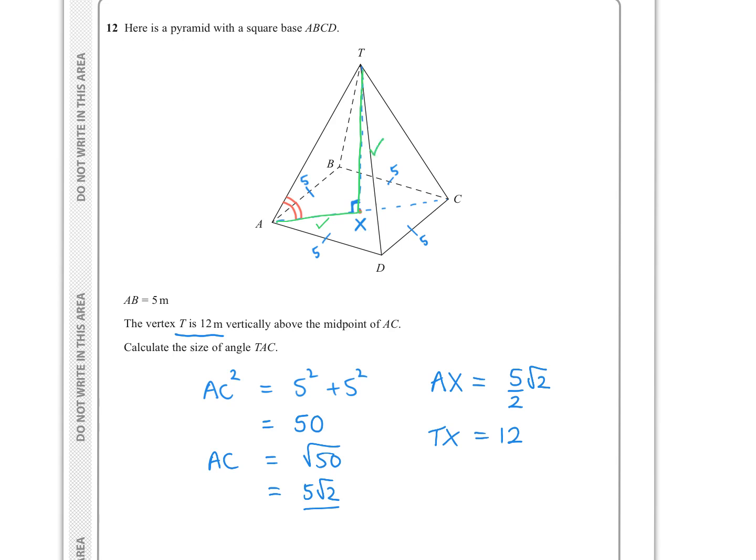So we can find the angle by using opposite over adjacent. So we have tan of the angle we want, and we'll call it tan TAC, is going to be the opposite, which is 12, divided by the adjacent, which we've got as 5 over 2 root 2.